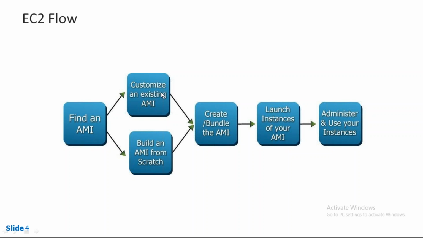If we wanted, we can customize an existing AMI or build an AMI from scratch. That is a possibility. Then create our bundled AMI, launch an instance of your AMI, then administer and use your instances. So it all depends on the AMI, how your server should be, how you wanted to create your server. All that depends on your AMI.